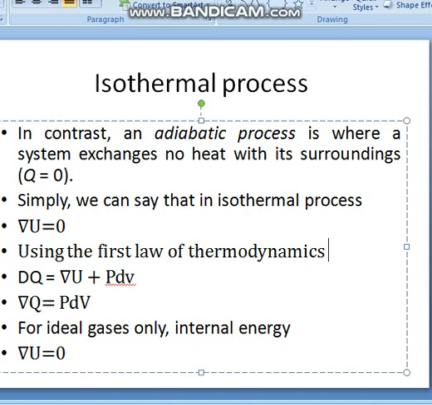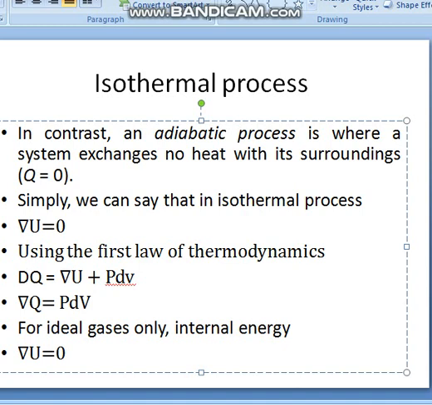dQ is equal to dU plus PdV. It means that the heat being absorbed is utilized in raising the temperature plus doing the work. Delta U simply refers to the change in temperature. So hence in this case, delta Q is equal to PdV.